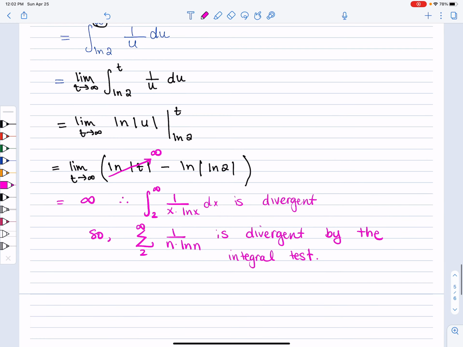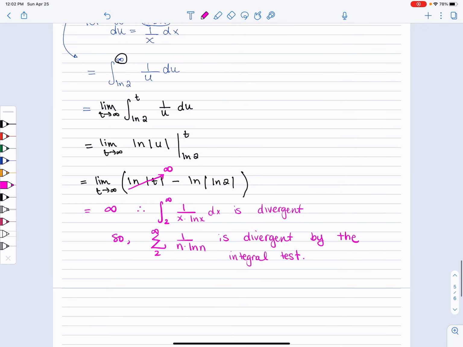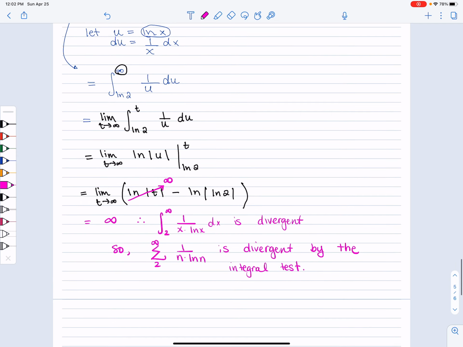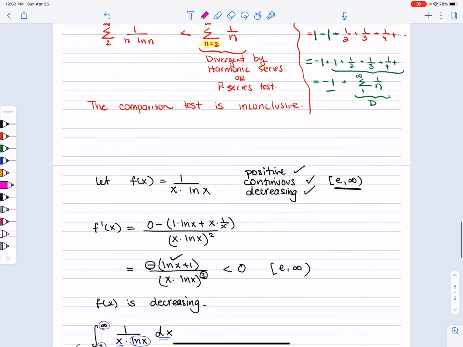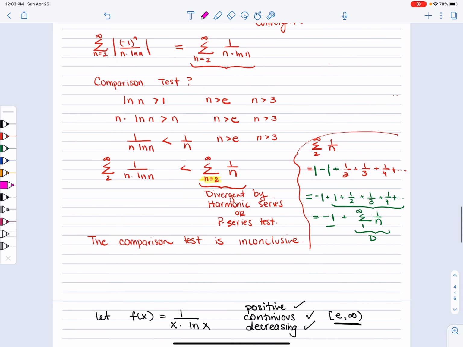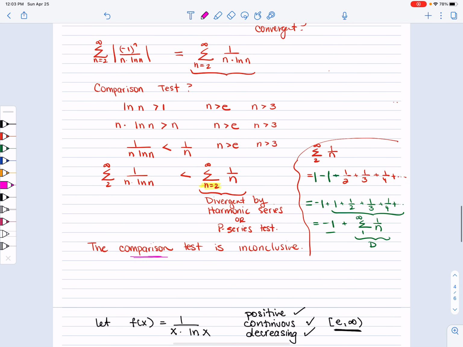Seems like we've done a lot, so let's go back a little bit. We were doing this right here because the comparison test was inconclusive.